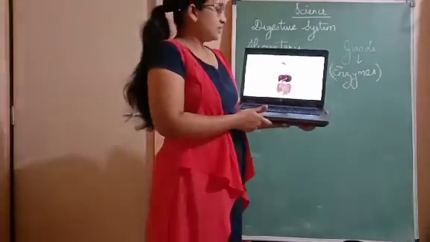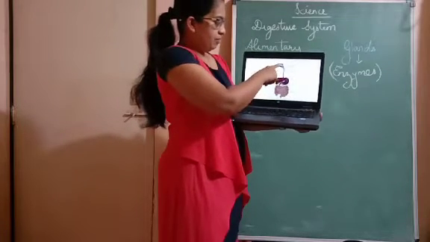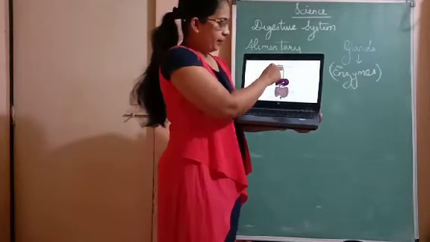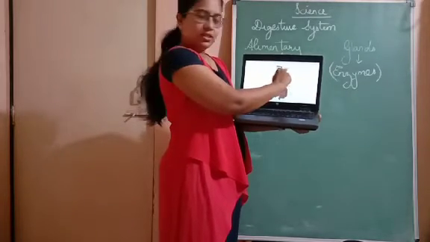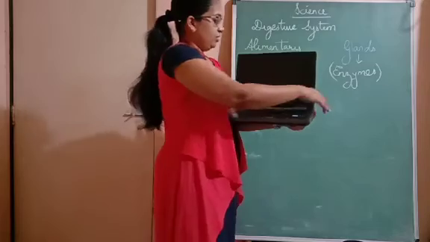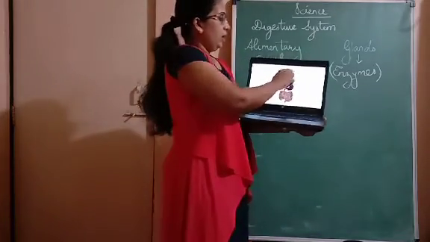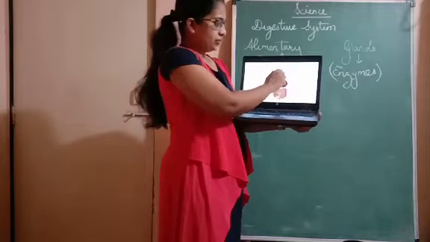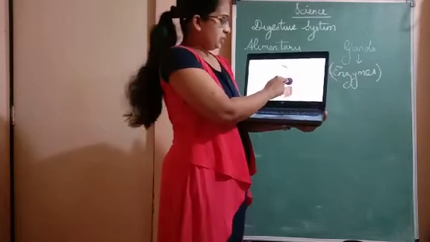The digestive system consists of your mouth. In the mouth you have the salivary glands. The pipe-like structure present over here is the esophagus.